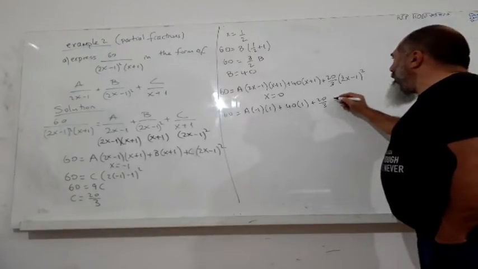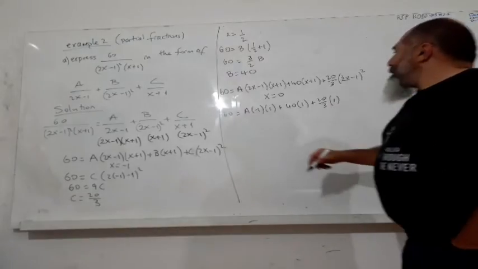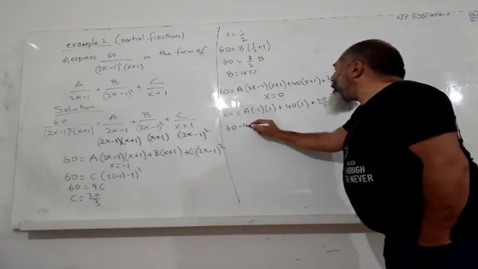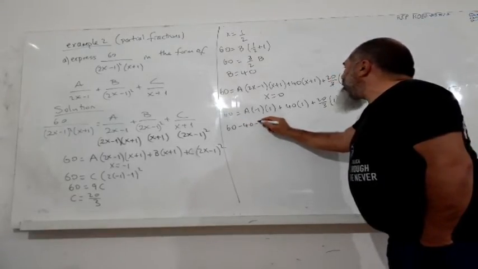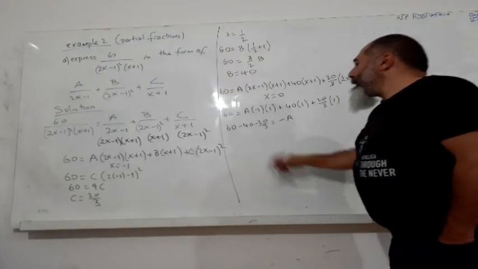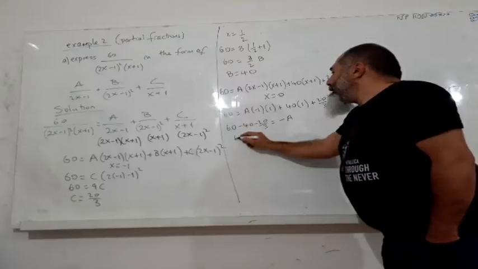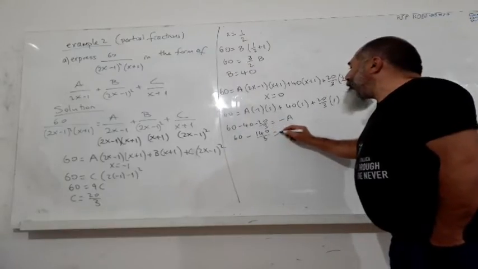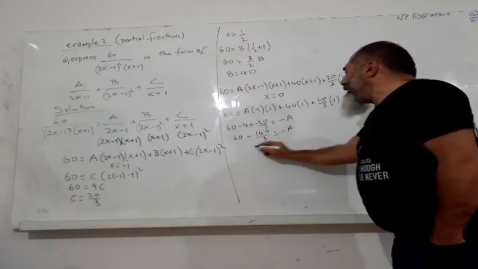So 60 minus 40 minus 20 over 3 is equal to negative A. 60 minus 140 over 3 is equal to negative A. A is equal to minus 40 over 3.